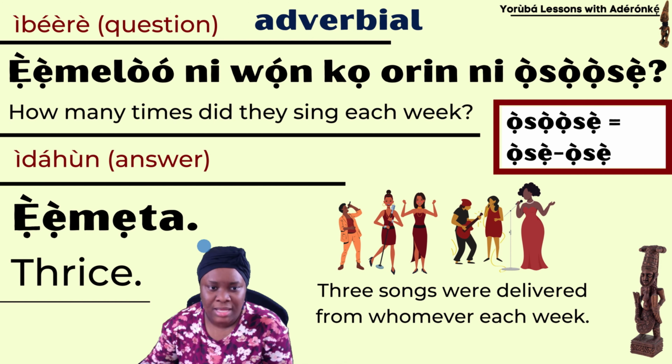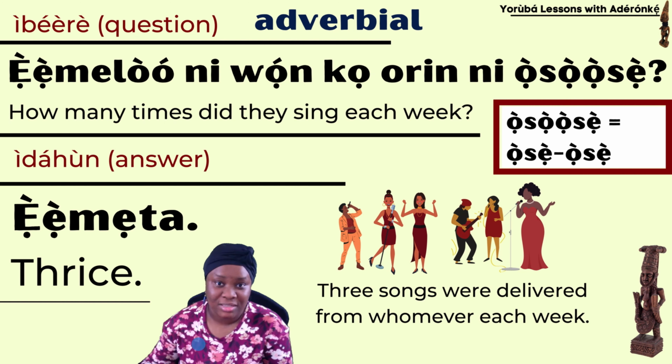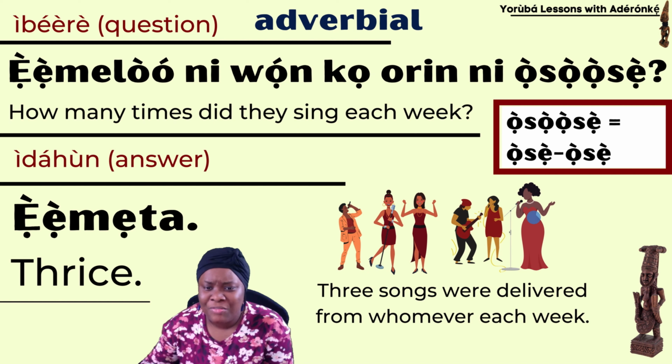Thrice. So in that case, you would be saying, irrespective of who sang, they are a group of musicians, even if they are not actually a group, but they are musicians that delivered 3 songs each week. So it doesn't matter if it was Beyonce that sang all 3 times, or Michael sang once and Ibeji sang twice that particular week, or however they shared the duty among themselves.